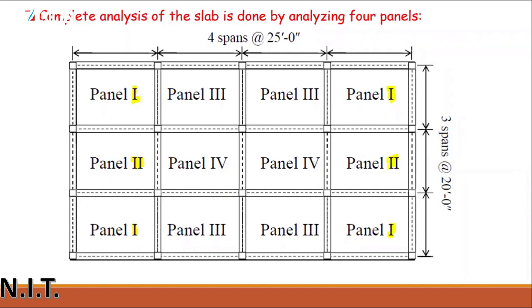Panel 2 orientation is the same. Panel 3s are the same with one another. There are 4 panels named as panel 3, and these are the same. And panel 4s are also the same. The length of each panel is 25 feet and the width of each panel is 20 feet. Clear? Do you have any question in this data?